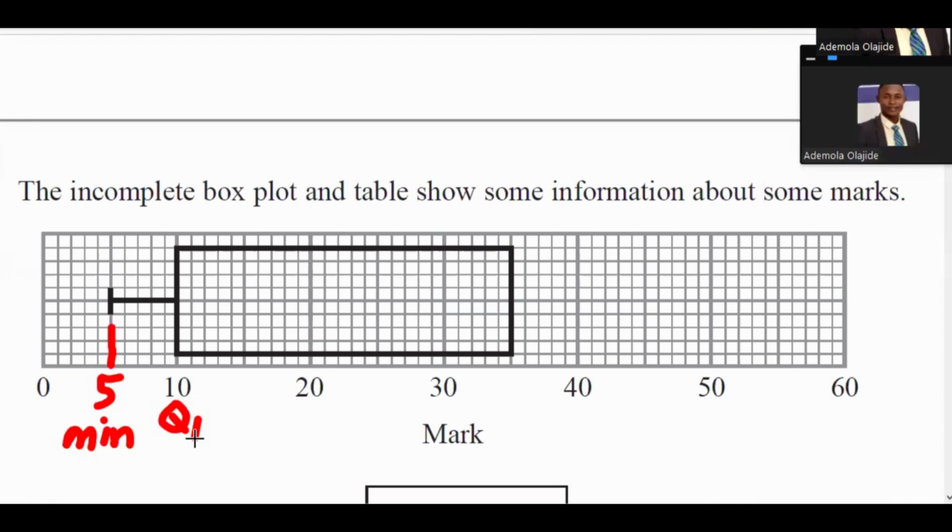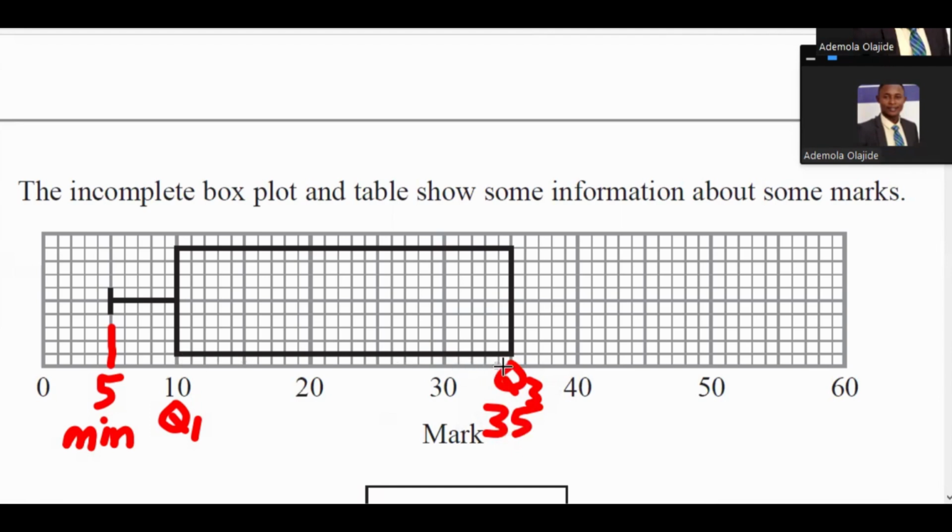The upper quartile is Q3. The value of the upper quartile from the graph, if you look at it, is exactly midway between 30 and 40. That means the upper quartile is 35.